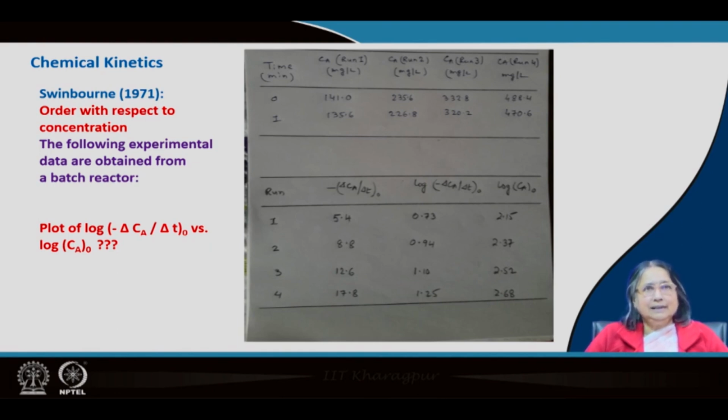Here, in this case, you take the initial part, a very short time period, and that gives the order with respect to concentration.